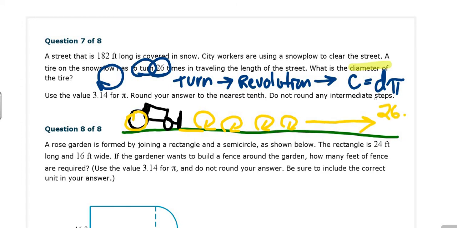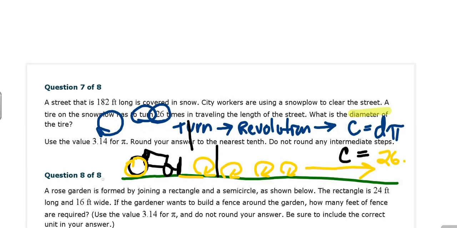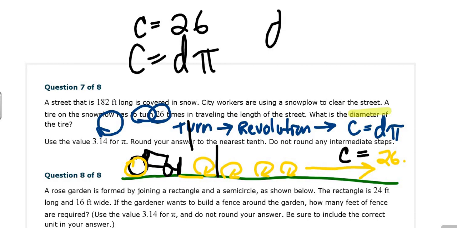So we're being asked, what is the diameter? That 26 turns is the circumference. So I'm going to bring the math up here. We have 26 circumferences. Circumference equals d pi. Therefore, d pi equals 26 in this case.